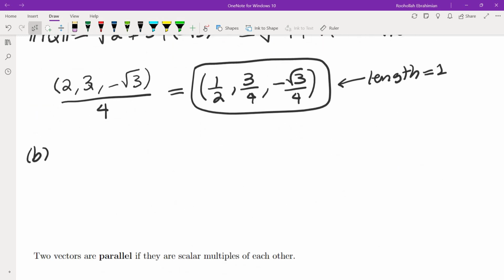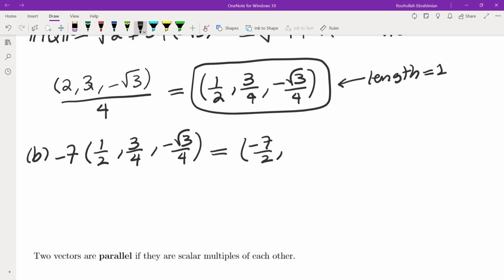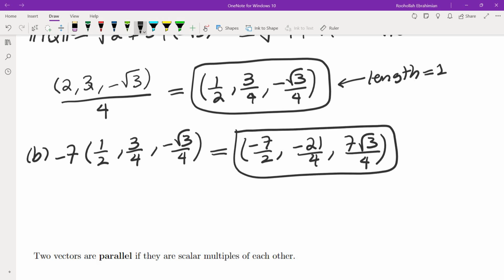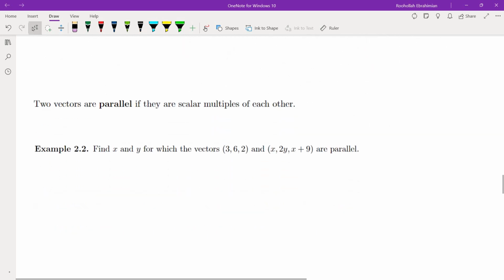So we take the unit vector (1/2, 3/4, negative root 3 over 4), negate it, and then multiply it by 7. So we have to multiply that by negative 7. That would be (negative 7 over 2, negative 21 over 4, and 7 root 3 over 4). So this would be our answer to this second part of the problem.